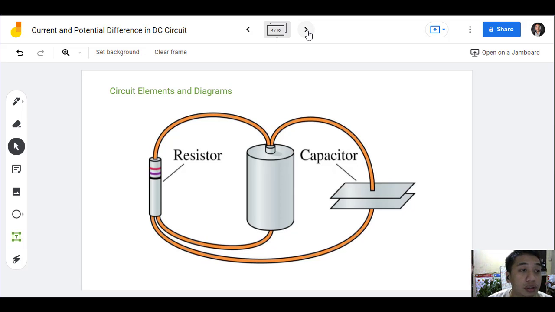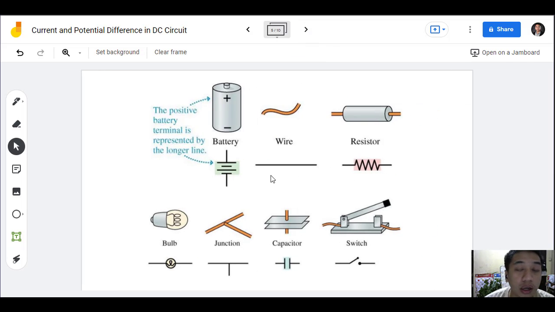So let us discuss the circuit elements and diagrams. In circuit elements or diagrams, we have the resistor and also the capacitor. To further elaborate on the symbols we use in a certain circuit, for the battery, we have the long line, which is perpendicular to a wire, as the positive charge, while the short line is the negative side.